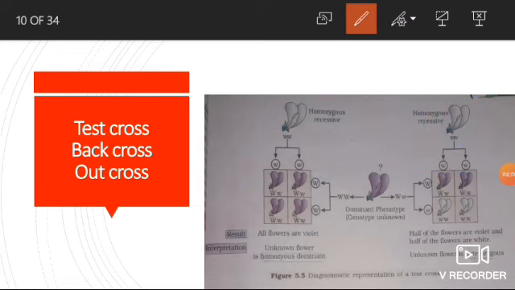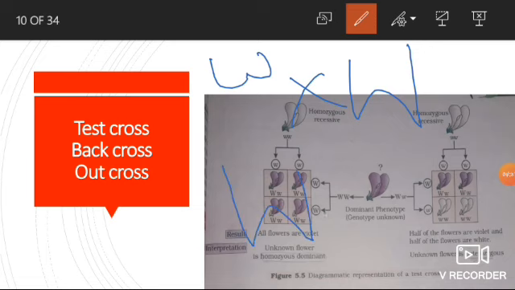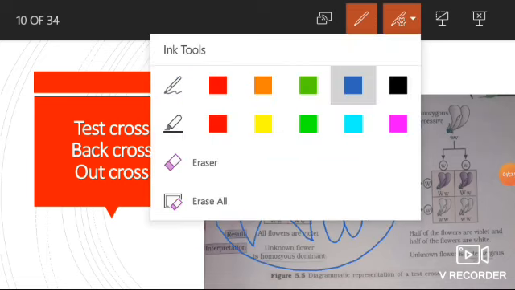Capital W is crossed with small w, homozygous recessive. The gametes formed by capital W are capital W, and the gametes formed by homozygous recessive small w are small w. Now the cross occurs between small w and capital W, and the next generation offspring are of capital W small w genotype.